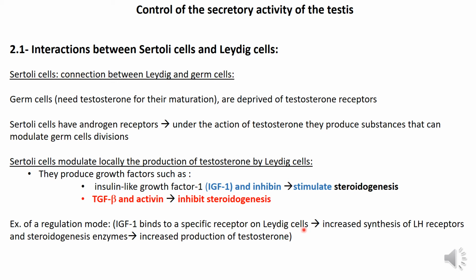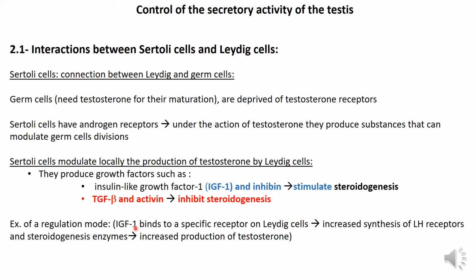And what will happen is that the IGF-1 will induce an increase of synthesis of the LH receptors inside of the Leydig cells. So in this way, since these Leydig cells will have more LH receptors, they can respond more to the action of the LH.